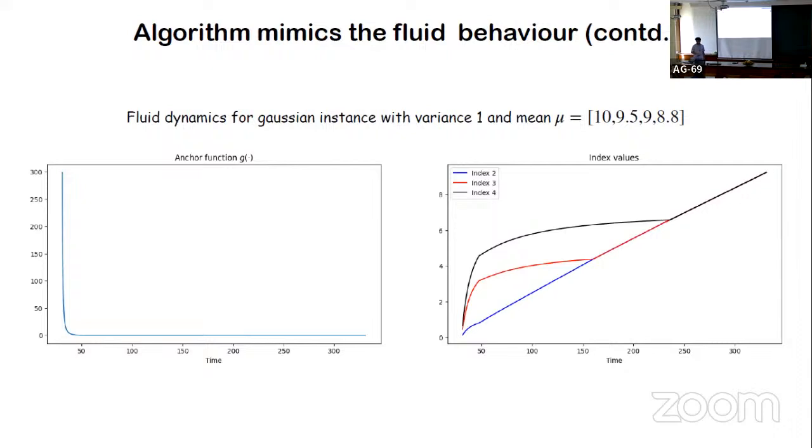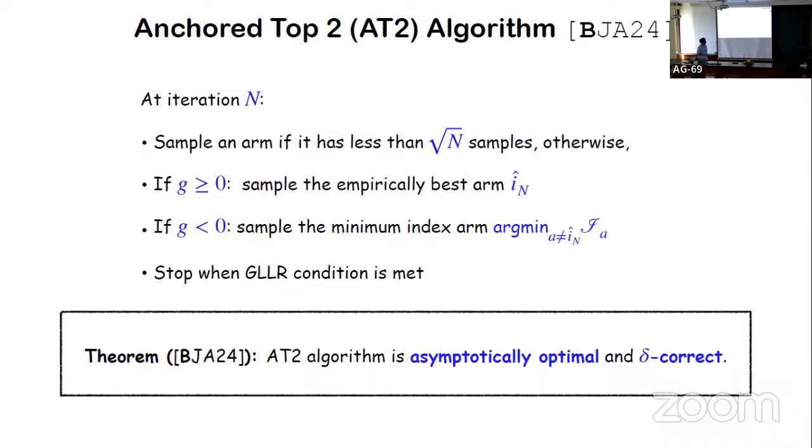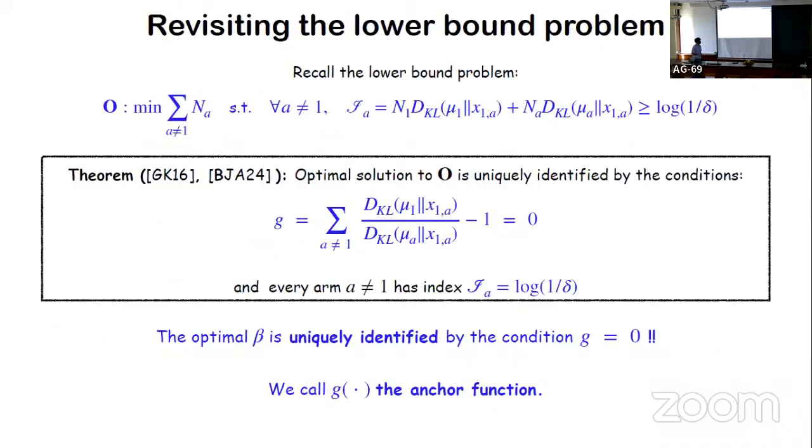What do you mean by the implicit function implying that the algorithm is optimal? The implicit function theorem is the essential result. So what we have is that the optimal allocation is identified by these conditions, and when we analyze the algorithm, we prove that after a random time whose expectation is finite and of order 1, this condition is satisfied up to some noise, and that noise is also going to 0.